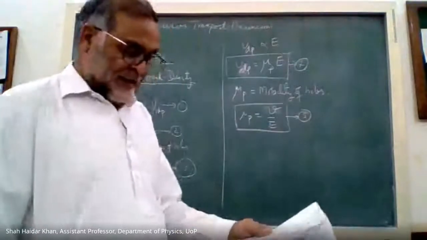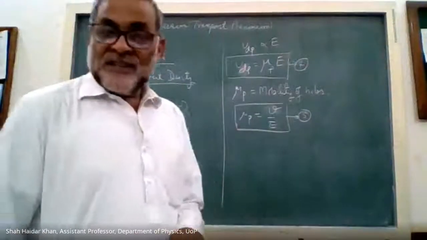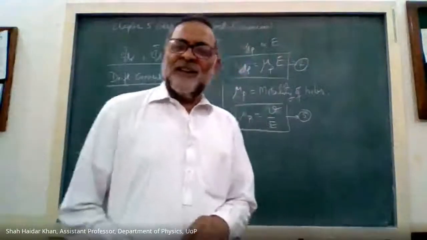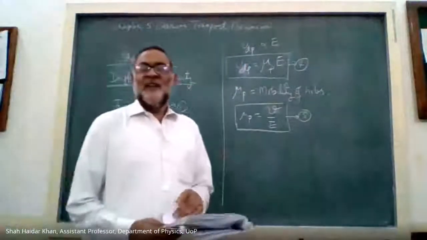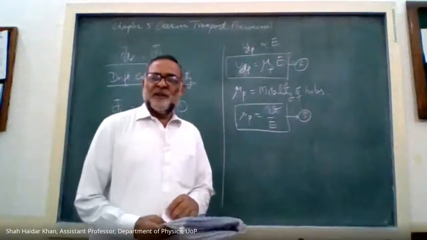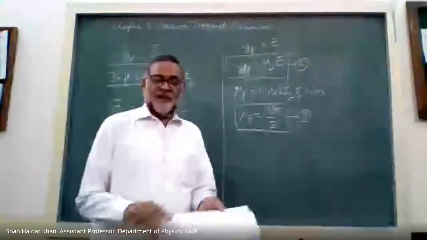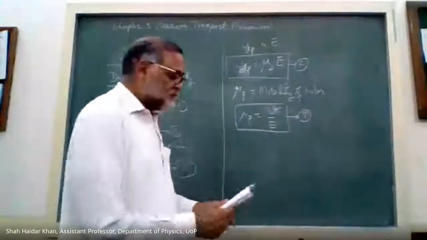We will see that the greater the mobility, the greater the speed of charge carriers in that particular semiconductor, and the greater will be the drift current density, right?